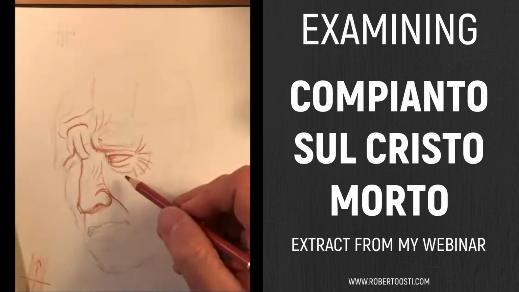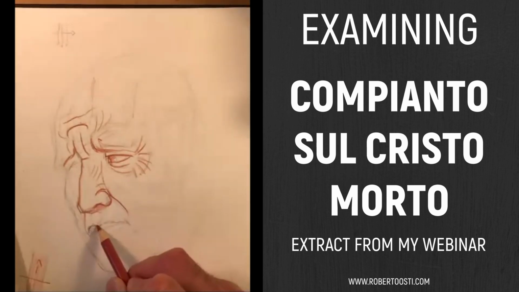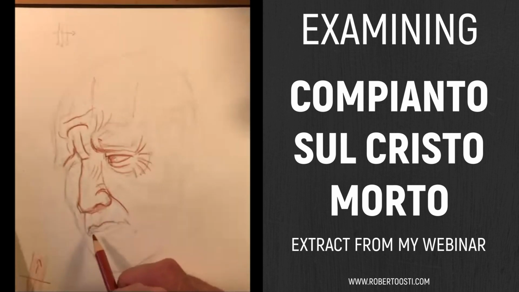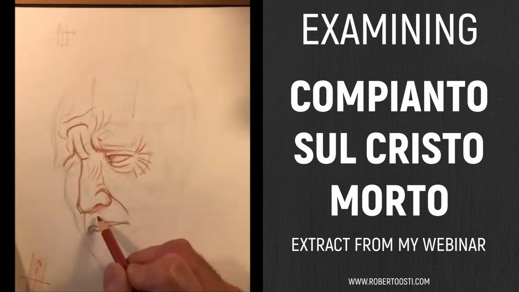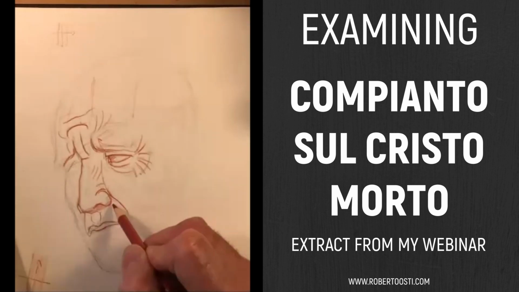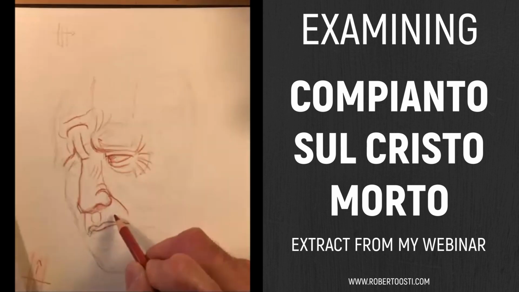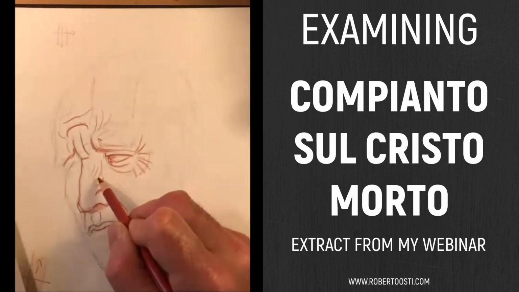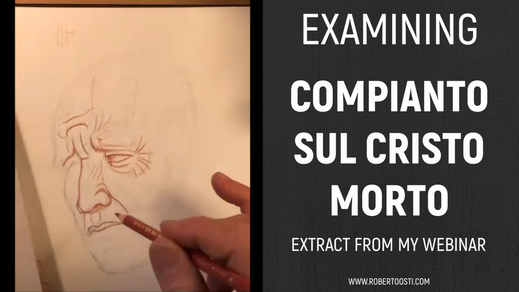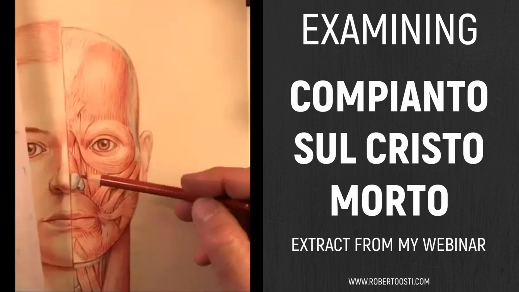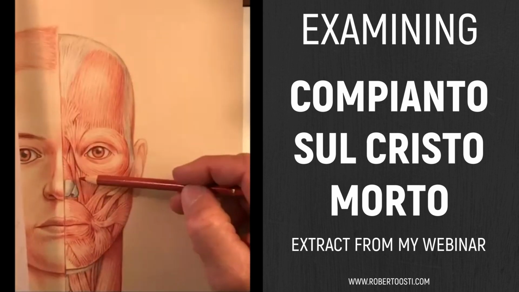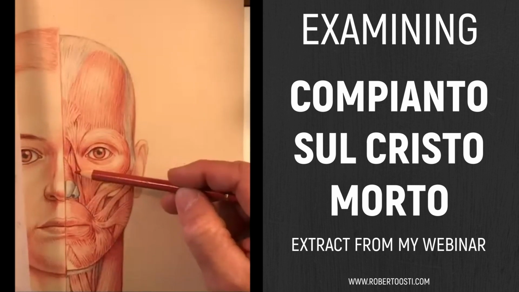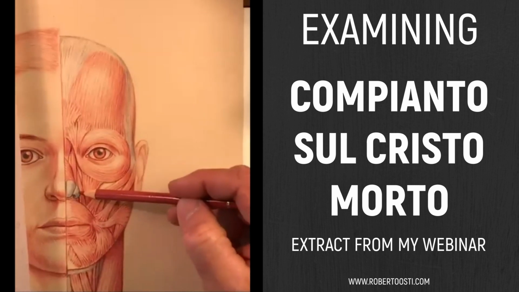Now the lips in here are slightly pursed up like this, right? Just a little bit, coming up a little bit, meaning there's also a little bit of lifting of the upper lip and lifting of the wings of the nose. That is a specific muscle. There's a muscle here that goes from here down to here, called lifter of the upper lip and of the wings of the nose.